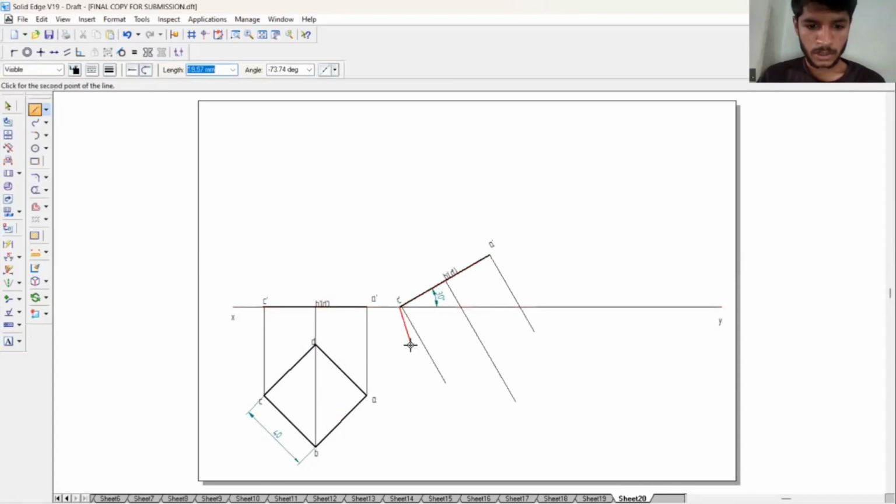Now let's draw the lines. Let's draw the end points. It must be thin. Make it thin.